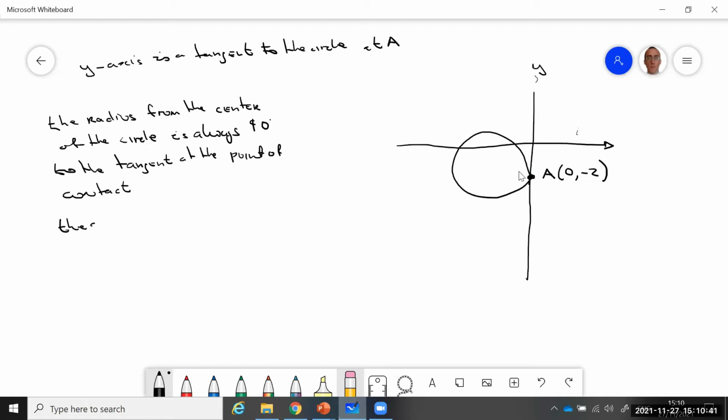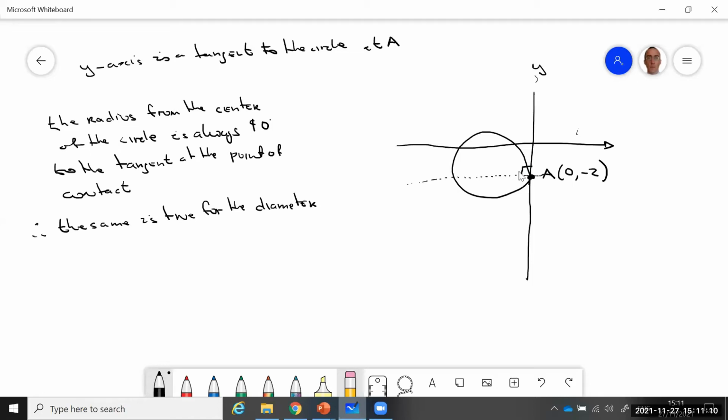Okay, so therefore the same is true for the diameter. It's not a great diagram, but let's say that's the diameter there, and that is 90 degrees to the tangent.